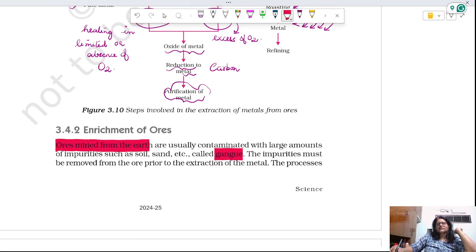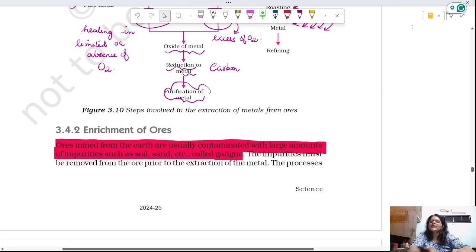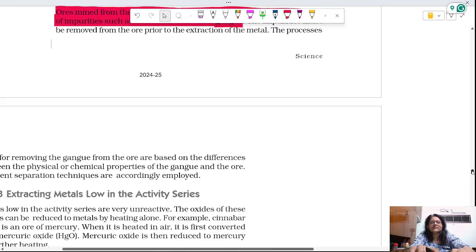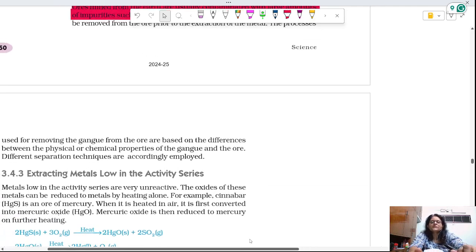Ore mined from the earth is usually contaminated with impurities such as soil and sand, and that is called gangue. Prior to the extraction, gangue should be removed. We also mentioned some methods: gravity separation, flotation, or magnetic separation.